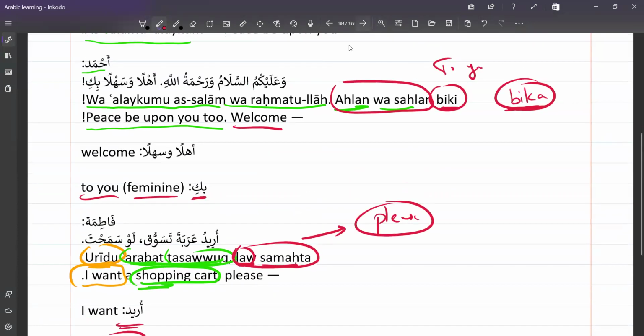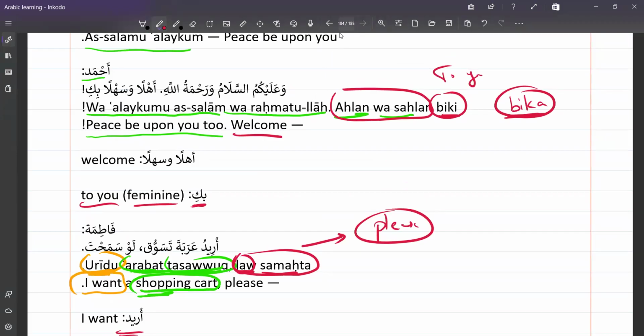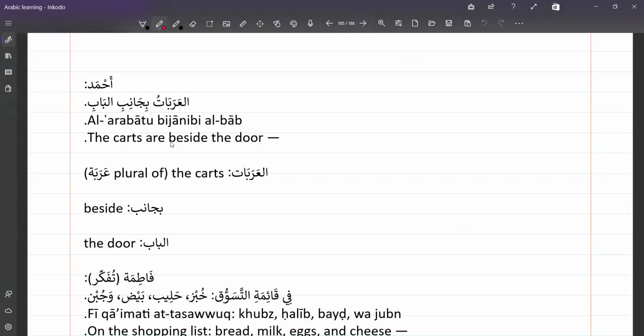So moving forward, Fatima asks for a cart. Then the clerk Ahmad says, Al-Arabatu bijanib al-bab. Al-Arabatu is the plural of cart, so it means the carts. Bijanib means beside.